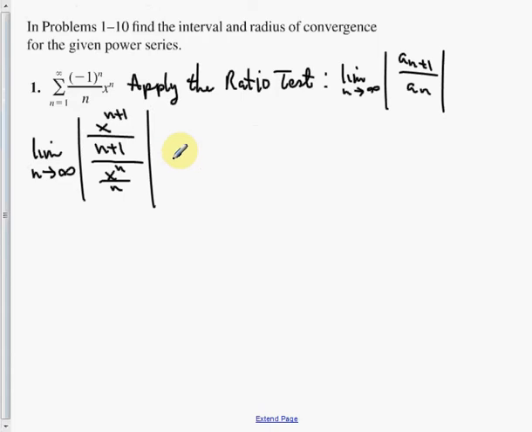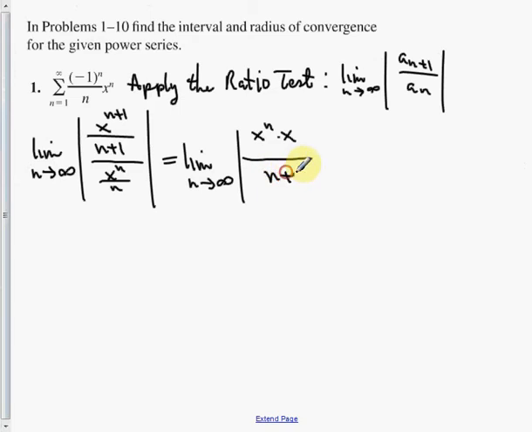So we simplify that. This is the limit as n goes to infinity of the absolute value of x to the n plus 1. That's the same thing as x to the n times x, right? Now maybe I'll write it like this, and then next time we can just write it.